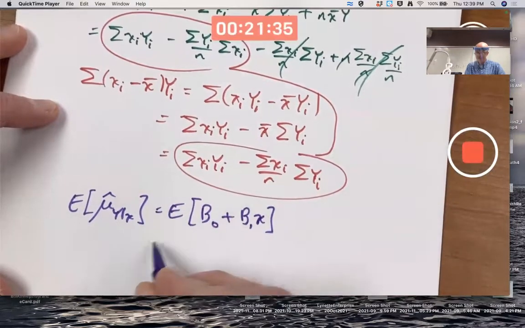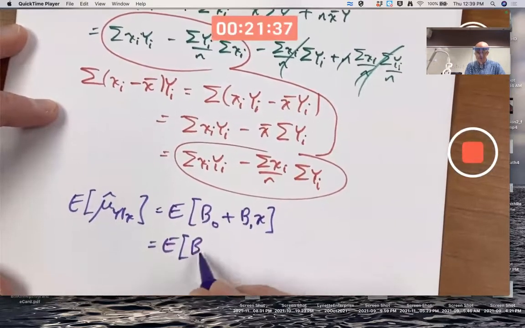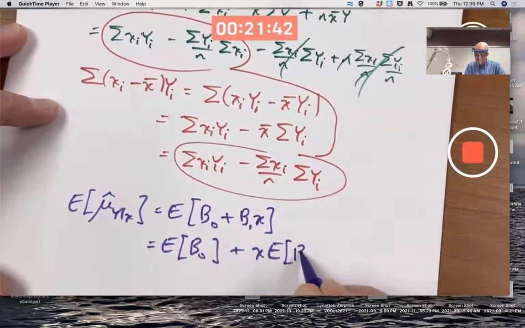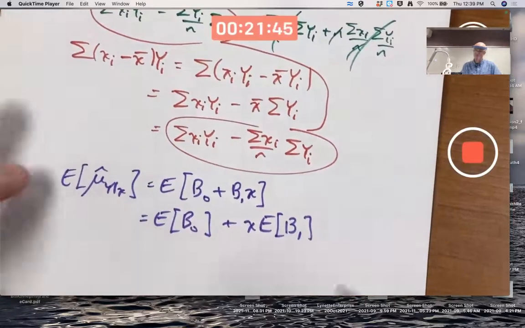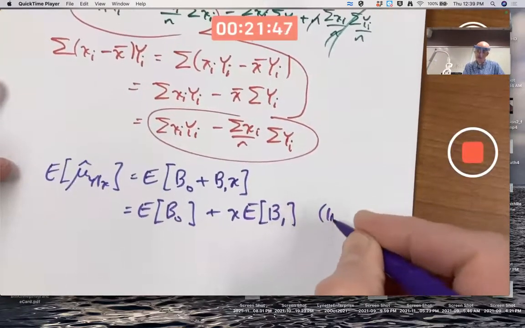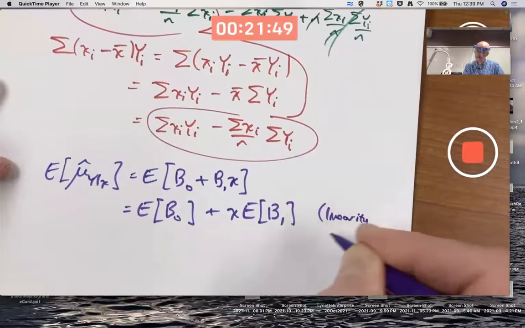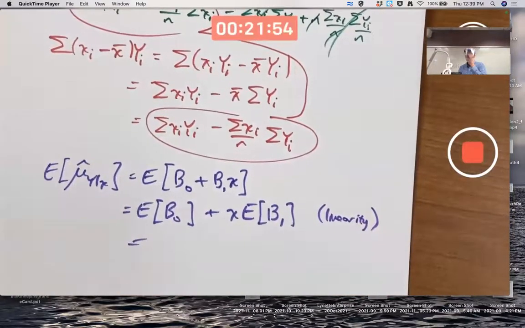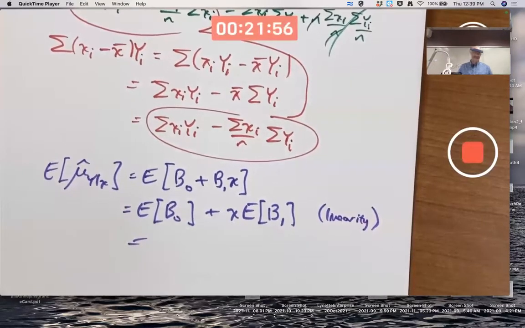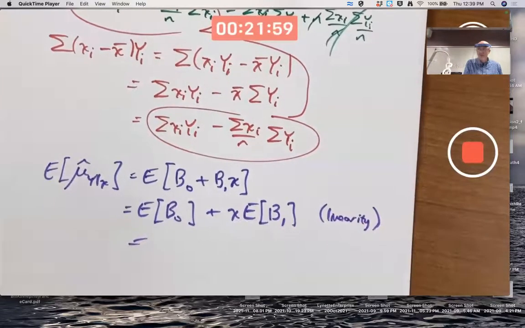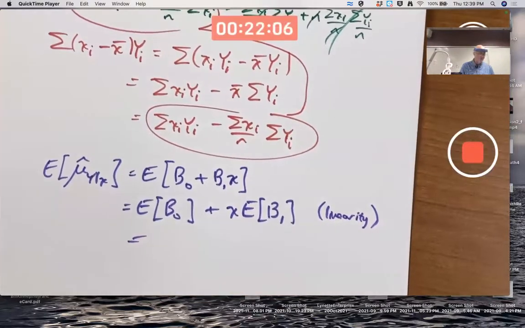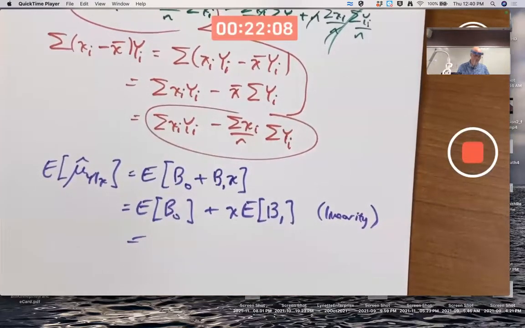And then the expected value is linear. You can factor out the x, but don't factor out the B1. Linearity of expected value. And then just use other facts that are derived in this section, like what's the expected value of capital B0 and what's the expected value of capital B1? They are in the reading, so you have to search for them.